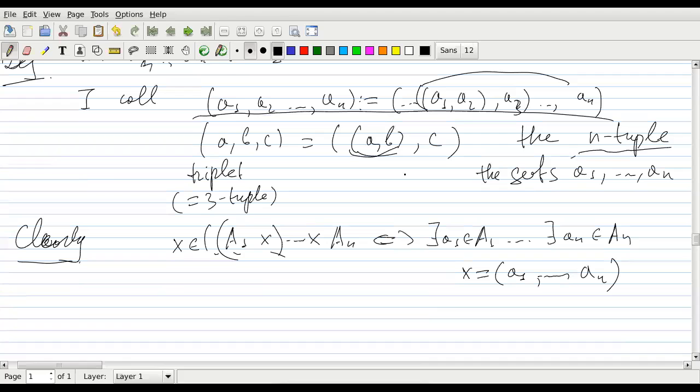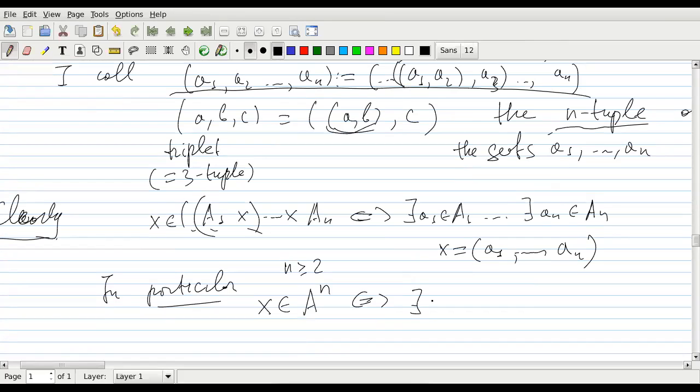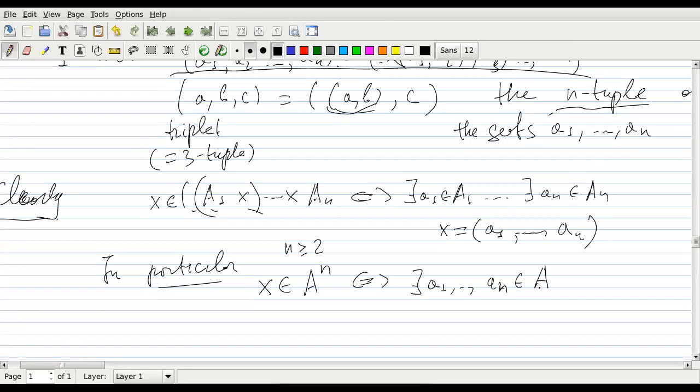In particular, X is an element of the Cartesian power if and only if there exist some A1 through AN, all belonging to A, such that X is a tuple.